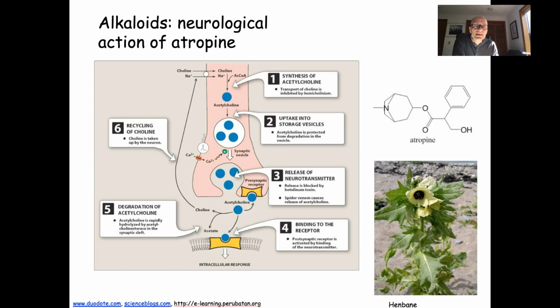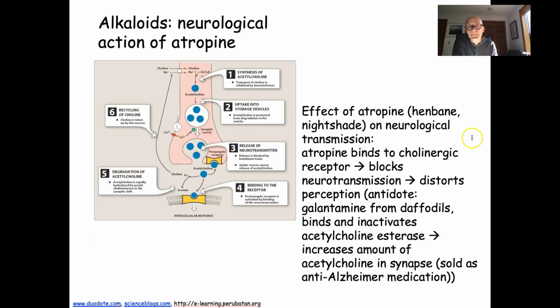What's happening in this case is that when you have atropine in the system, the atropine binds to the cholinergic receptor, and it blocks the transmission. So now you don't have this extra euphoria, you don't have this extra stimulation, you have the opposite. Everything slows down because the signal cannot be transmitted anymore.